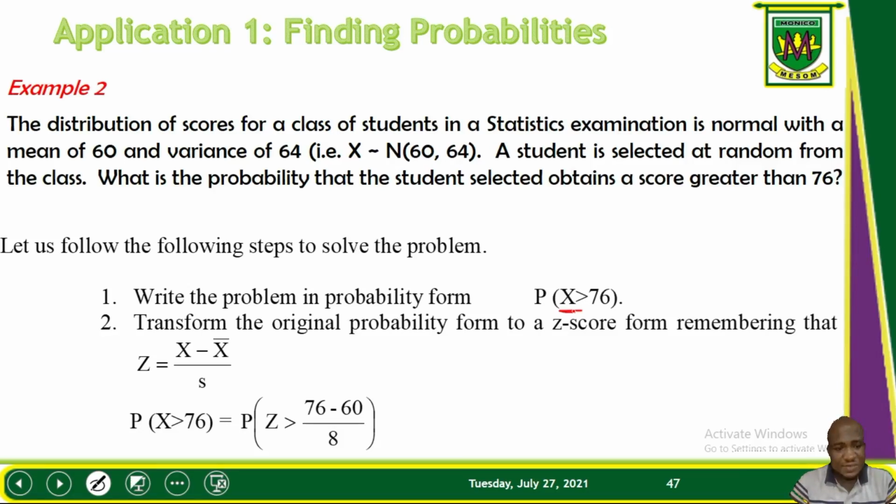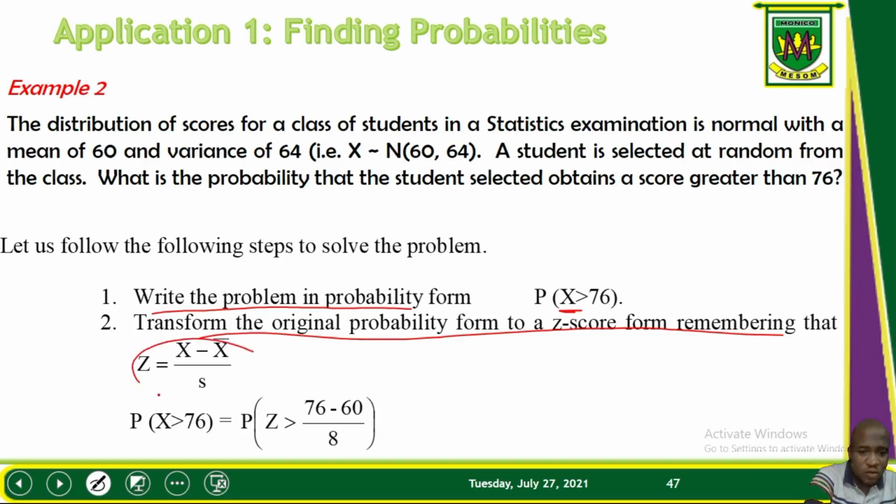The second step is to transform the original probability form to z-score form, remembering that the z-score formula is, x minus mean over standard deviation. You don't have to write this, just go straight to the calculation, or you may decide not to even quote the formula.